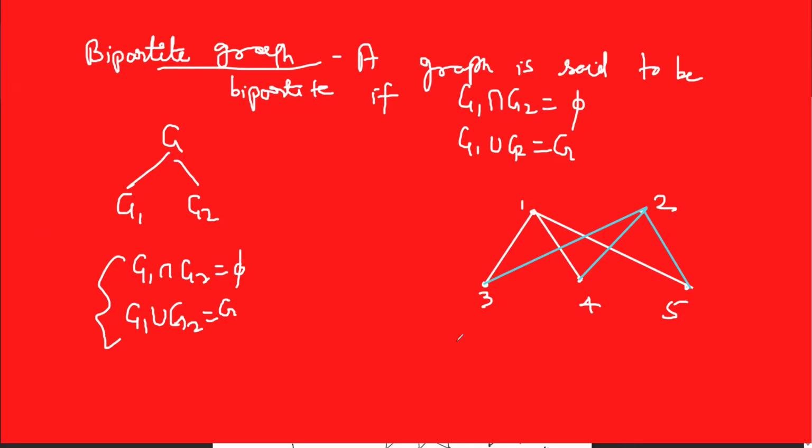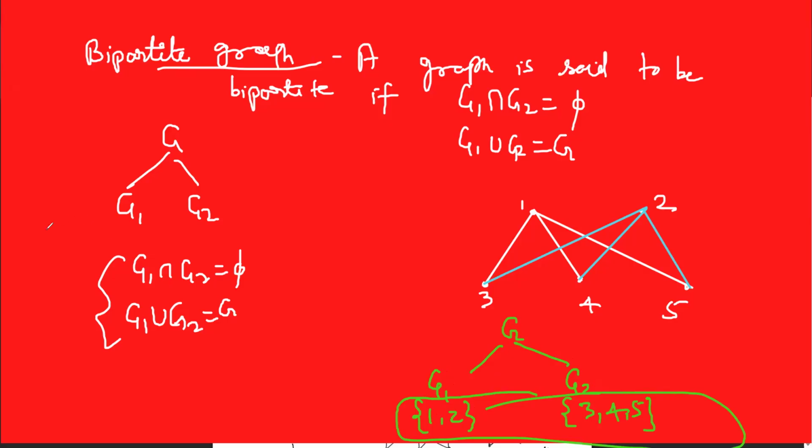Suppose this is a graph G. You divide this graph into two parts, G1 and G2. In G1, vertices 1 and 2 are contained, and here 3, 4, 5. So what is common between these two? Nothing. And when you take the union, you will get the same thing, right? So this is a bipartite graph. Understood? Note this.